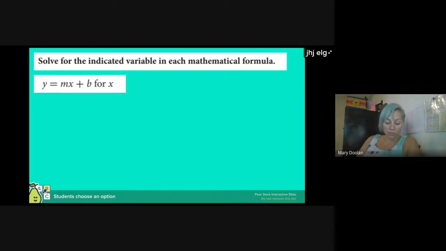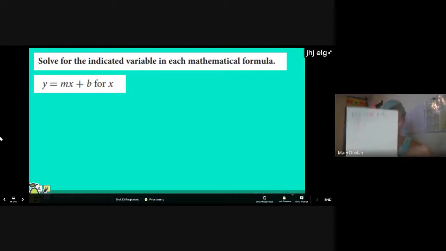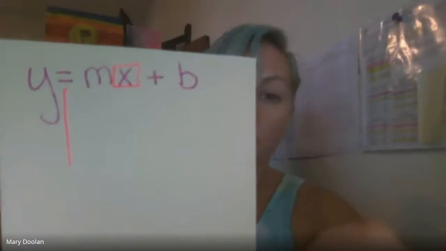Think about what you would do if you were to solve an equation. You guys remember box and wall? I'm going to stop presenting for a second and just show you my screen.